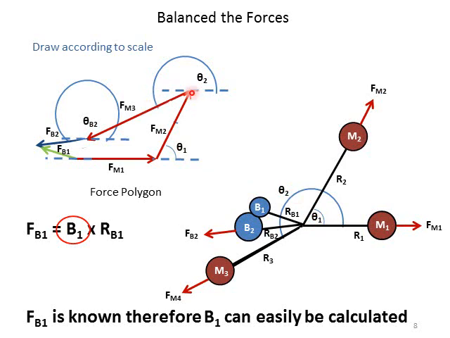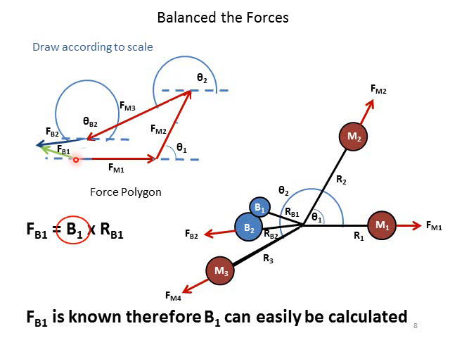Then the arrow here represents the magnitude of force Fm3 at the angle theta 2. Start from the horizontal, end here. Then comes the balancing force FB2 represented by the blue arrow. So it's at angle theta B2.